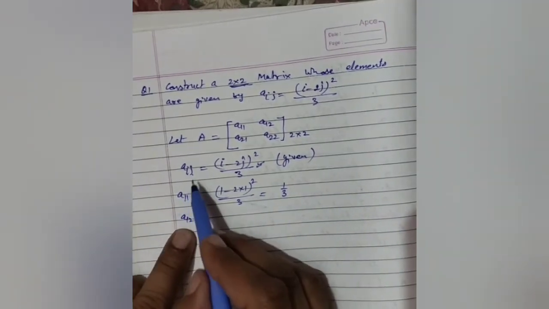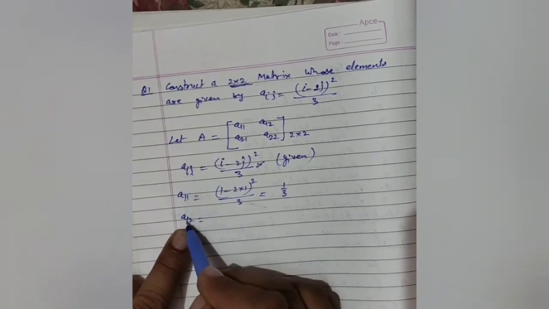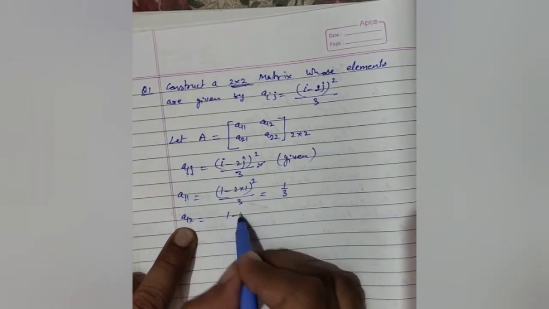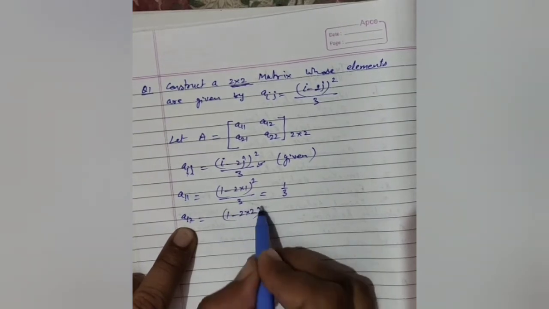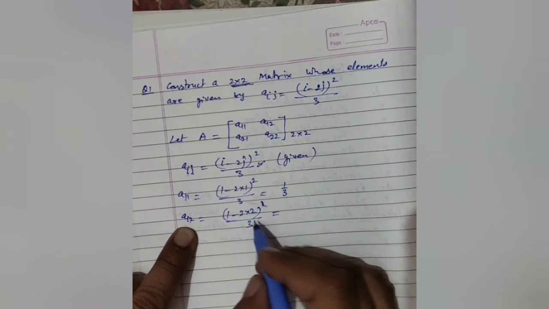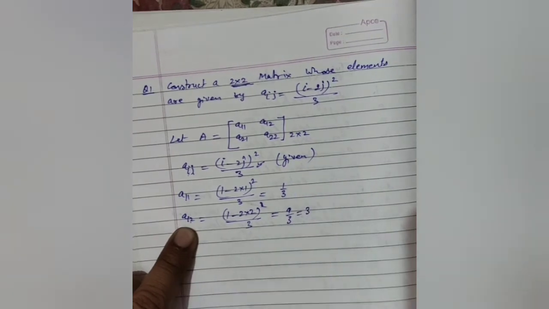For a12, comparing with aij, i becomes 1 and j becomes 2. Putting the values of i and j, (1 minus 2) whole square upon 3, this is equal to 9 by 3, which is equal to 3.